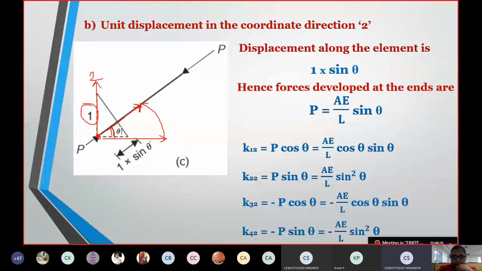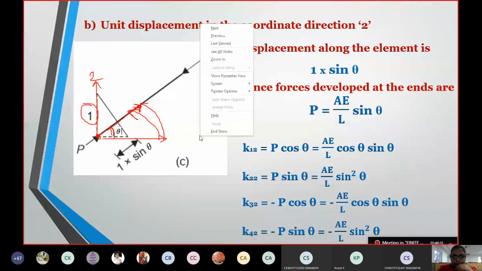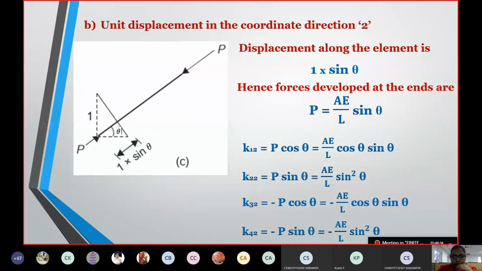From the coordinate 1, when I impose my x direction 1 into this, what is happening? It is going in the same direction which I want. See, at coordinate 1, I am giving unit displacement. In the direction of 2 I am giving, but still at coordinate 1 only, coordinate A you can call. Now, if I impose this one into the member, what will happen? The displacement will be in this direction. Is it not?